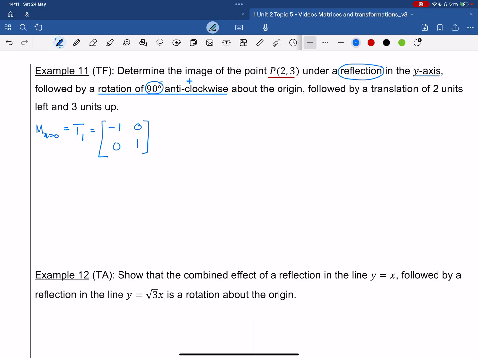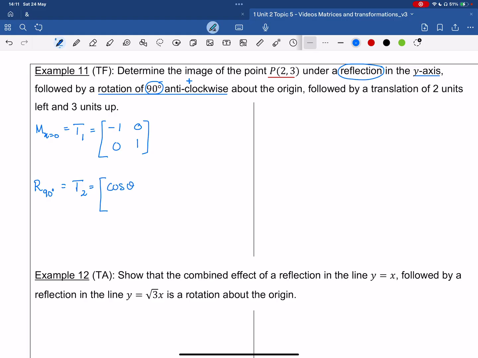All right. Then it says followed by a rotation of 90 degrees anti-clockwise. Well, we know a rotation of 90 degrees, which is going to be our second one. We've got the matrix on our formula sheet.